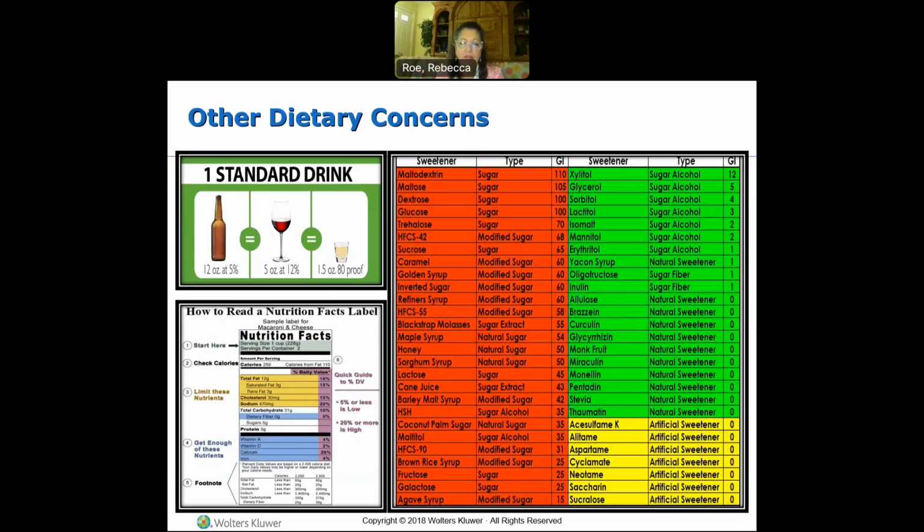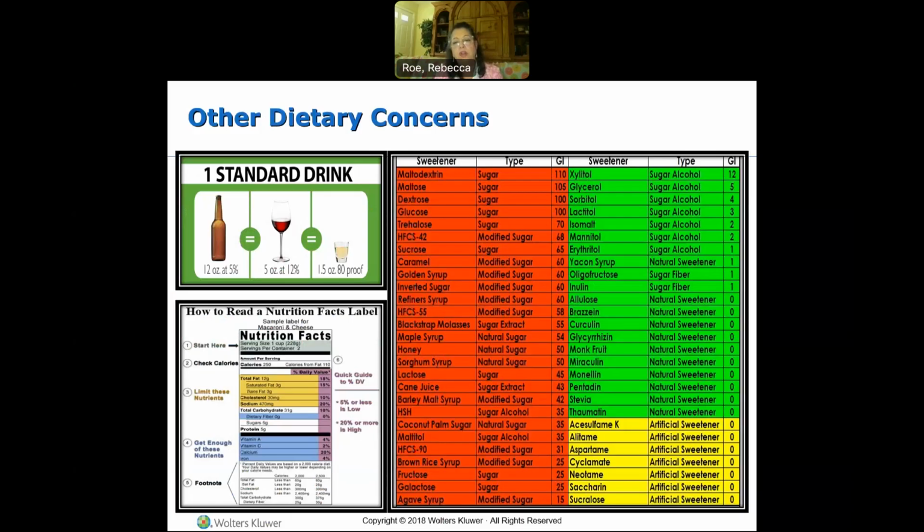Blackstrap molasses is great for different reasons. But if you're using agave syrup because it's natural, it is still a sugar when it's all broken down. Same thing with cane syrup. It's cane juice that is boiled down into a concentrated sugar syrup.